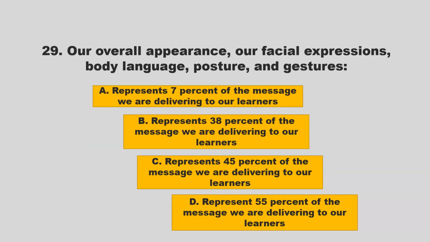Our overall appearance, our facial expressions, body language, posture, and gestures represents 7% of the message we are delivering to our learners, represents 38% of the message, represents 45% of the message, represent 55% of the message we are delivering to our learners.